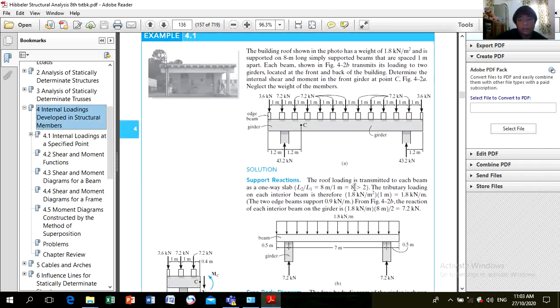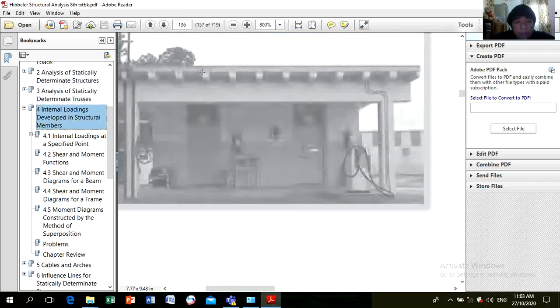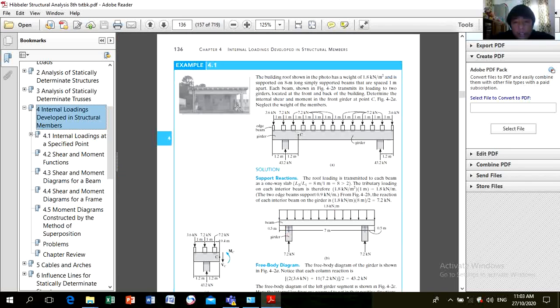So let's have an example. The building roof shown in the photo has a weight of 1.8 kilonewtons per meter squared. Okay, building roof. So here, this is the roof, supported by 8 meters long simply supported beams that are spaced.